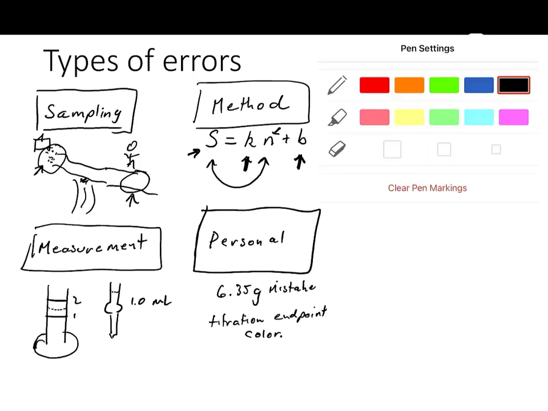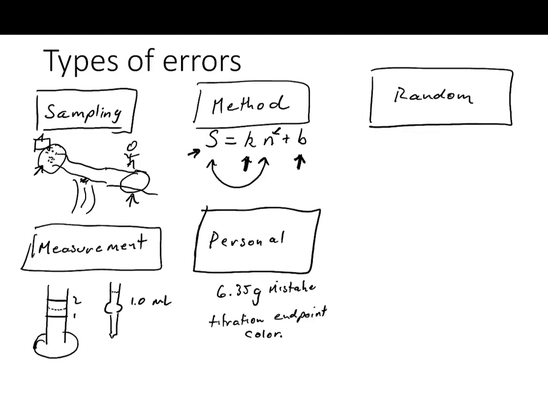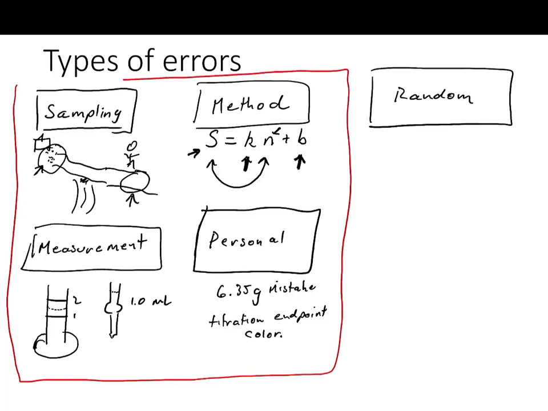So we can break these 5 errors into, or we can clump them into, 2 categories. All of these that I've circled are determinate errors, because we can determine their sources, we can determine their identities, and we can do something about them.